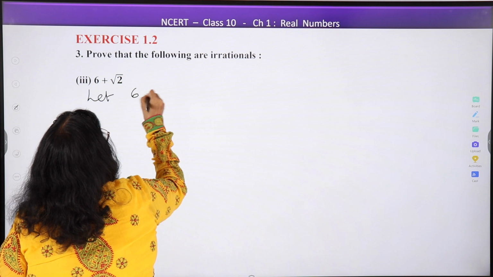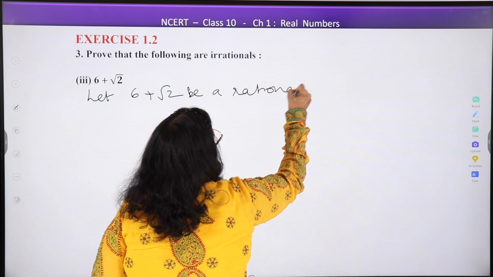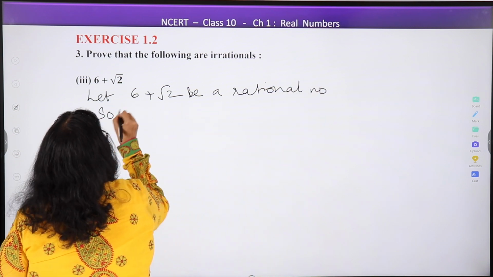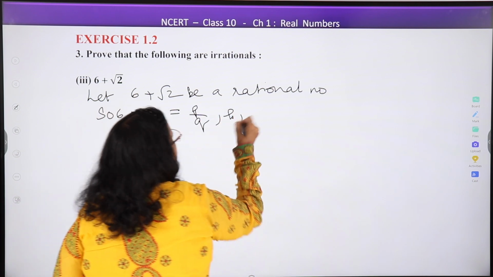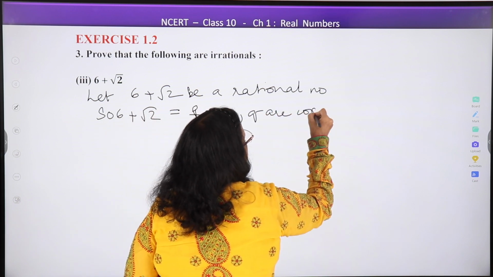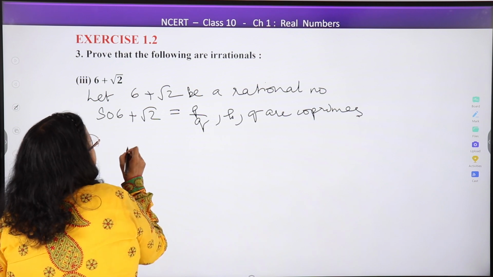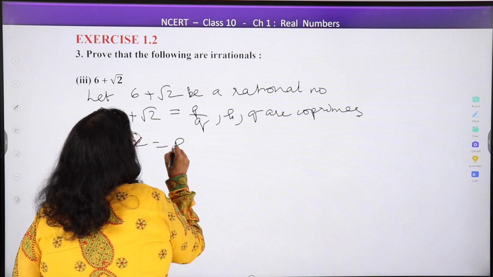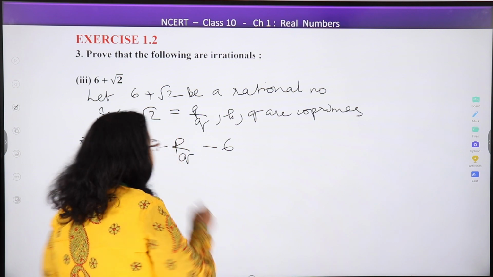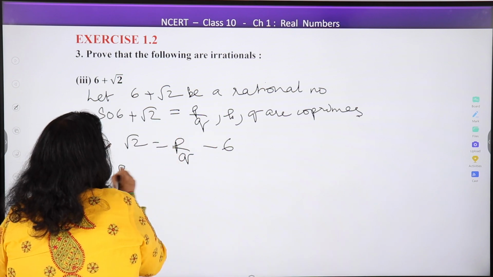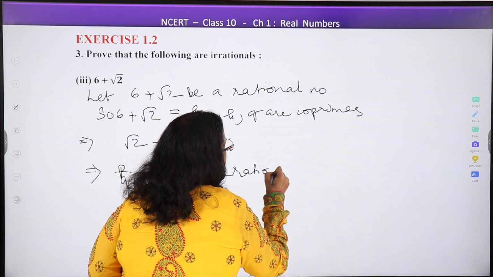Let 6 plus root 2 be a rational number. So 6 plus root 2 is equal to P by Q, where P, Q are co-primes. That implies root 2 is equal to P by Q minus 6. Now, it is already given root 2 is an irrational number. So that implies P by Q minus 6 is a rational number.